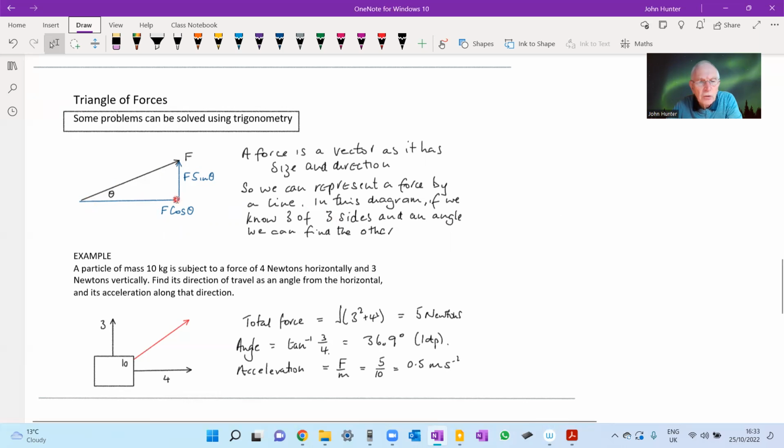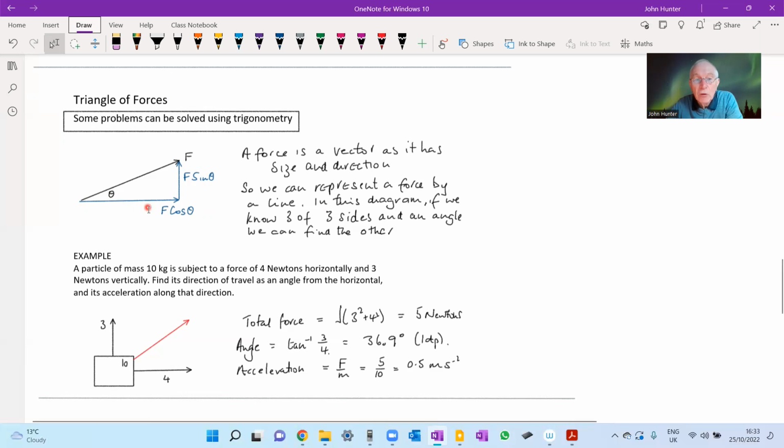Let's say we only knew the horizontal and the vertical, and we wanted to ask ourselves, what is the net result of these two forces? So it's kind of unresolving it, if you like, back to the original force. That would be the square root, just using Pythagoras, because we're using lengths to represent the value of the forces.